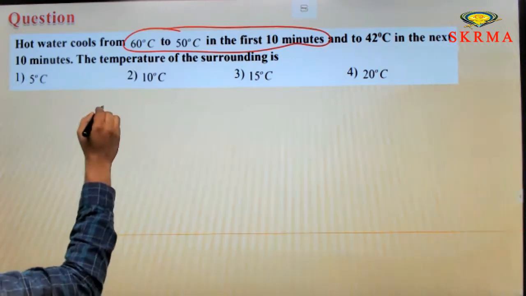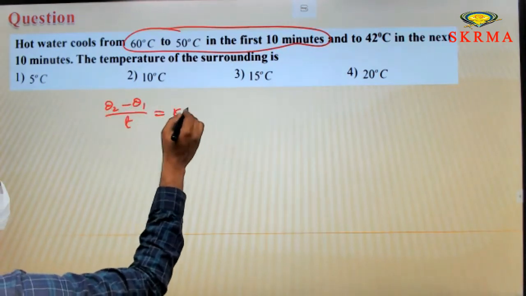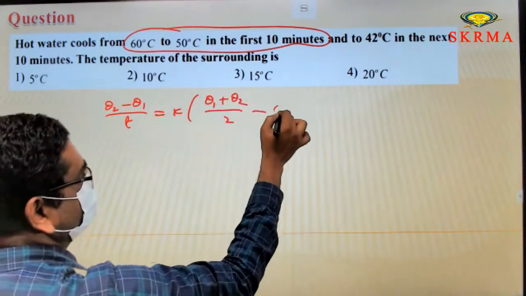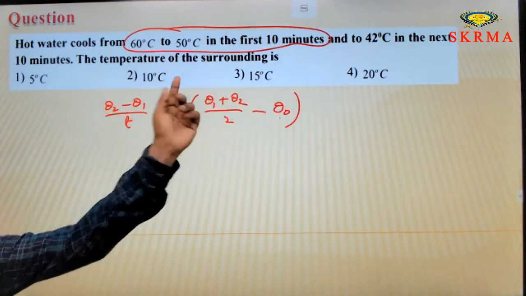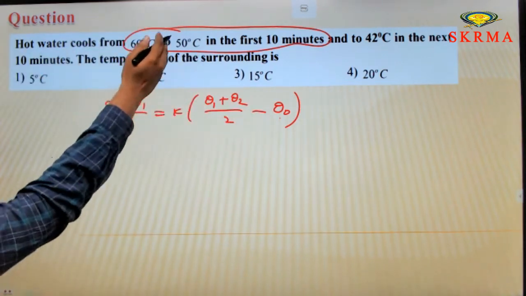What is the formula for that? Theta 2 minus theta 1 by t equals some constant into theta 1 plus theta 2 by 2 minus theta naught. Here theta naught is the surrounding temperature, and theta 1, theta 2 are the two temperatures. So substitute these values.